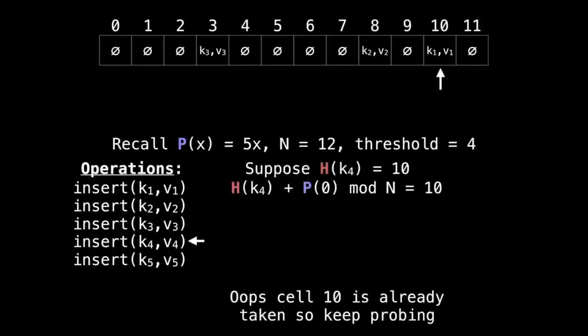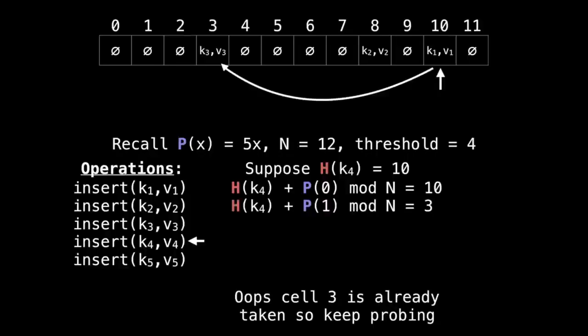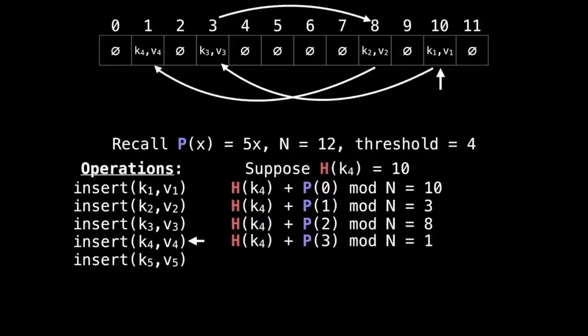Moving on, insert k4. Now suppose the hash value for k4 is 10, then we have to keep probing. So then we hit k3, which we inserted last time, and then we also hit k2, but we're able to pull out eventually when we hit the third probing value.